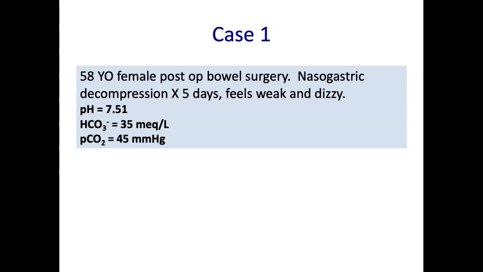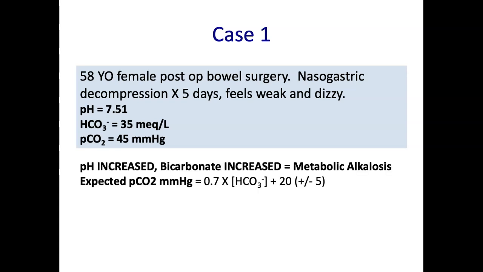Bicarbonate 35. Remember, the normal range is around 24, so that's high. The PCO2 is 45. Normal is like 40 to 44, so it's a little high. So the pH is increased and the bicarbonate is increased, so already I would say this is a metabolic alkalosis.